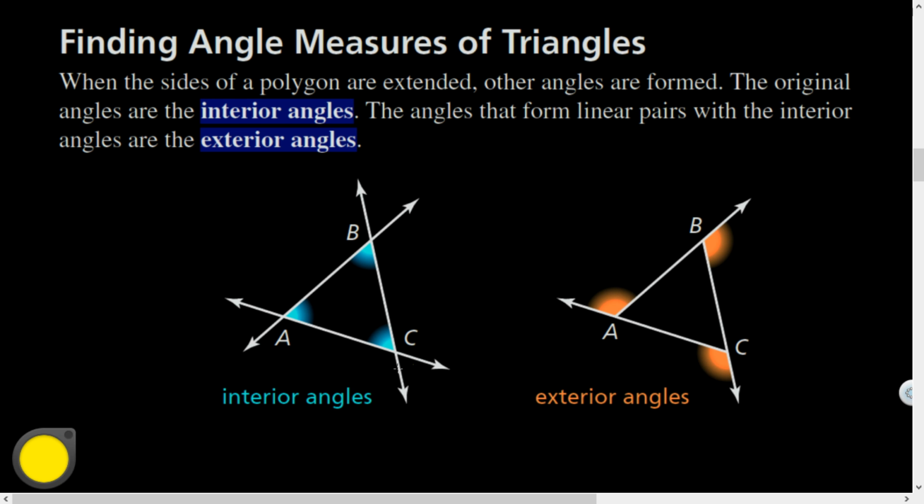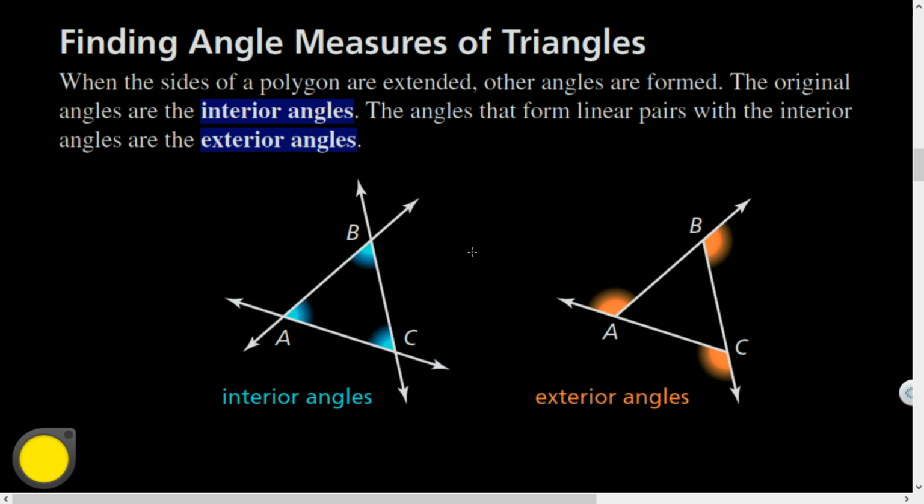So guys, you already did some work on Geometer Sketchpad with some of these ideas, but when the sides of a polygon are extended, other angles are formed. Wow, did you know that? Right? The original angles are called the interior angles. I like the way that blue came out. Amazing. Interior angles, because they're on the interior of the triangle.